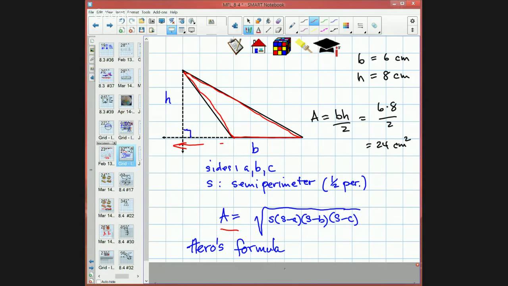This will work every time. It's really cool because then you don't need an altitude. So the formula is the big square root of S, again semi-perimeter, A, B, and C are the 3 sides: S times S minus A times S minus B times S minus C. So you don't need to know this one. It's a favorite formula, so I just thought I would share it with you. You really won't need it on any test questions or anything like that.